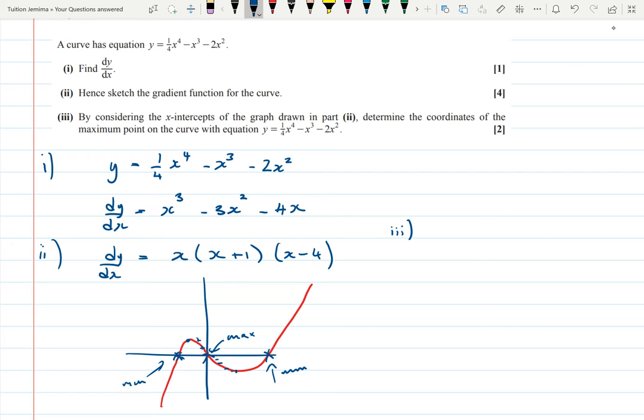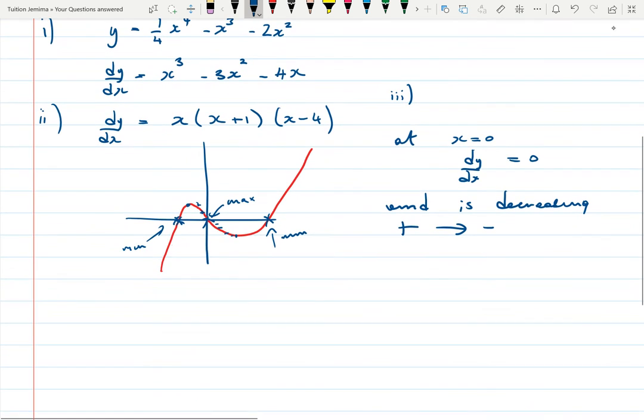One thing you could say is at x equals 0, the gradient equals 0, or dy by dx equals 0 even, and is decreasing, going from positive to negative.